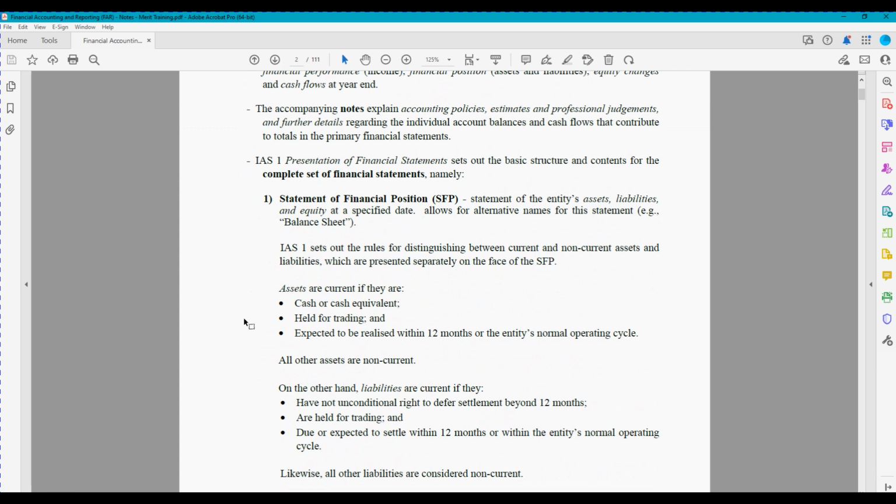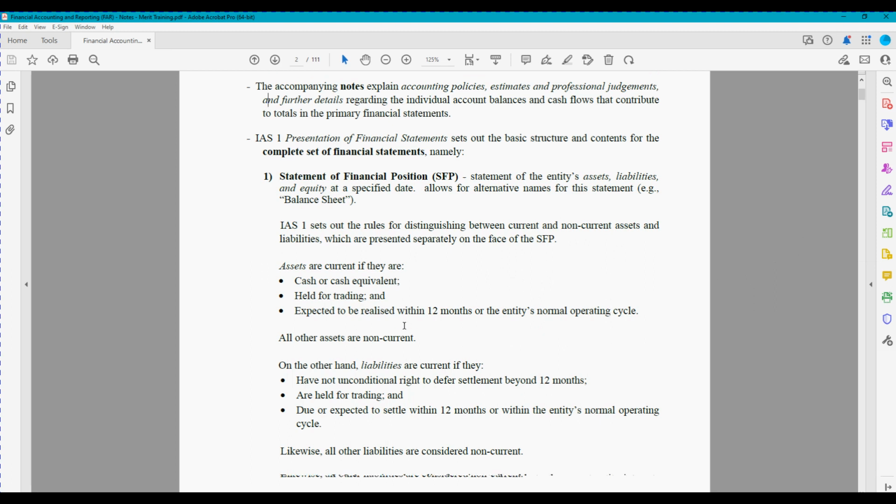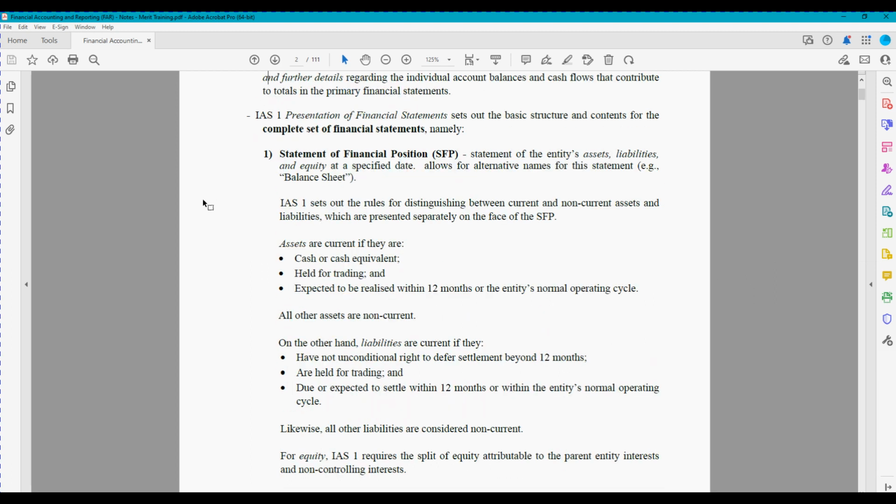The first one is, at bare minimum, you need a statement of financial position, which is essentially another word for the balance sheet, but in financial statements, we call it the statement of financial position, or SFP. Within IAS 1, they set out the rules for how you differentiate between current and non-current assets.